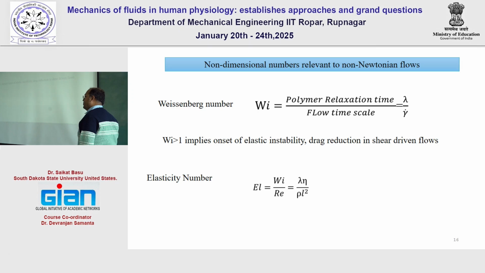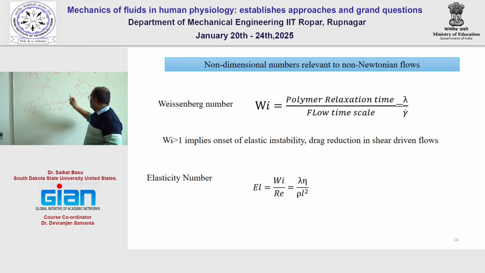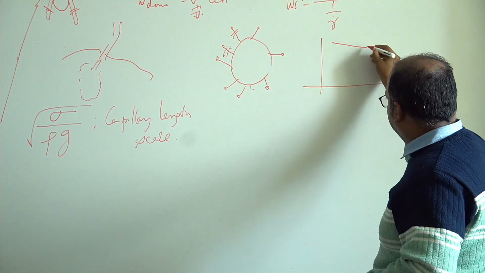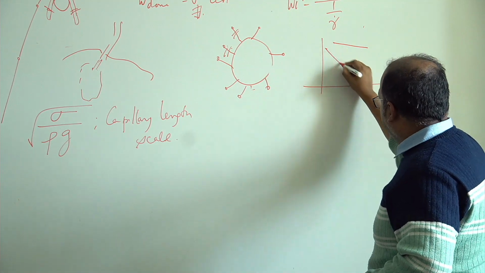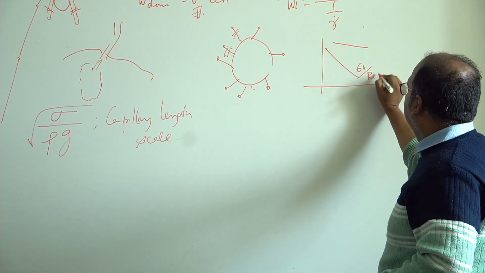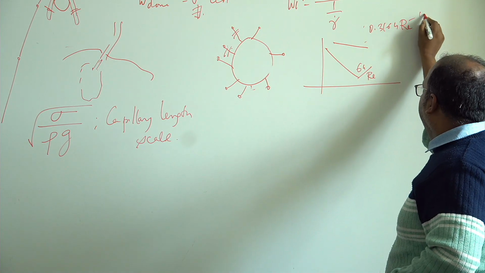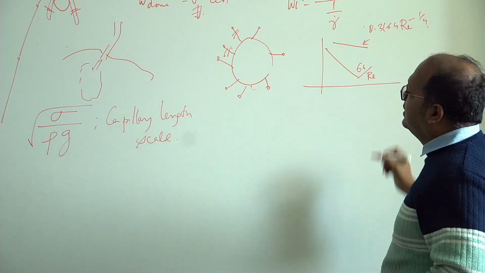In case of pipe flows, unless the Weissenberg number exceeds 1, we can't see the drag reduction. By drag reduction, again, this is a slight digression from the disease transmission, but since we are discussing anyway, earlier we said that this is the laminar flow, 64 by Re, and this is the 0.3164 Re to the power minus 1/4 scaling for turbulent.